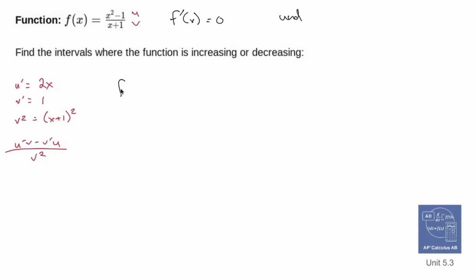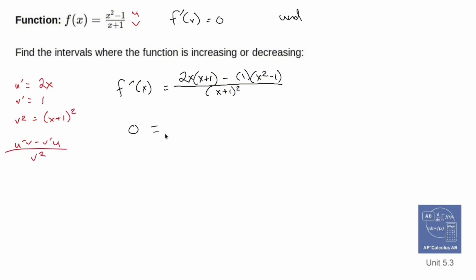So f prime of x is going to equal u prime v, so 2x times x plus 1, minus v prime u, which is going to be 1 times x squared minus 1, all over x plus 1 squared.